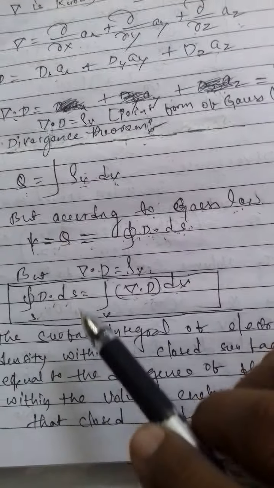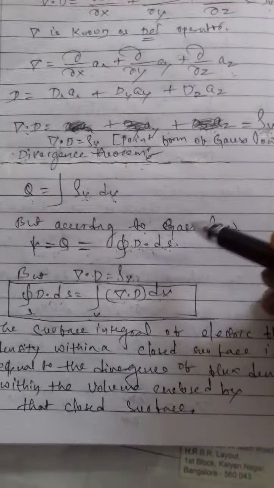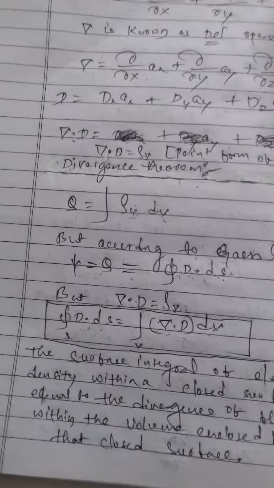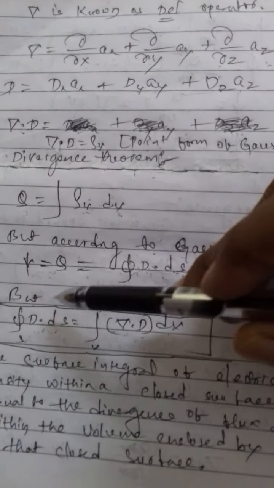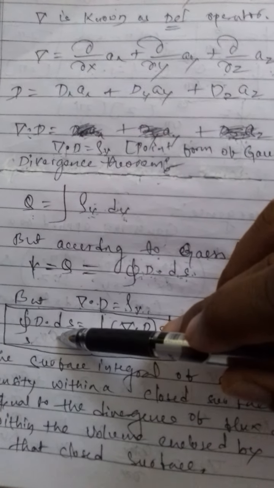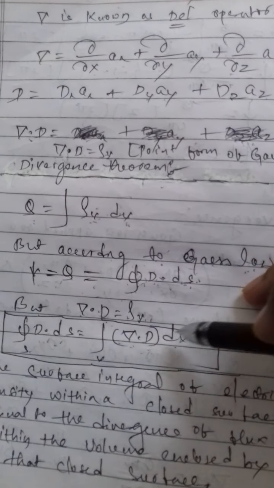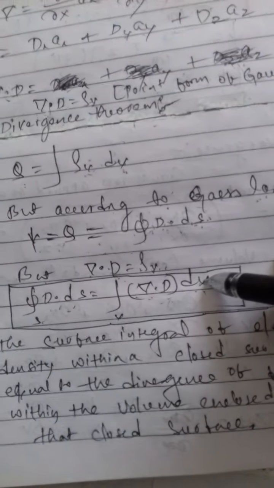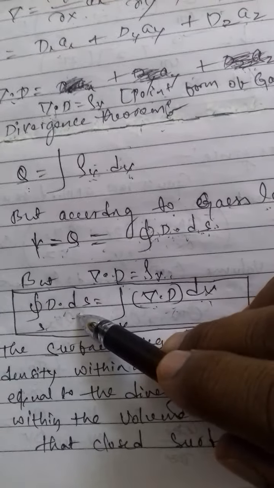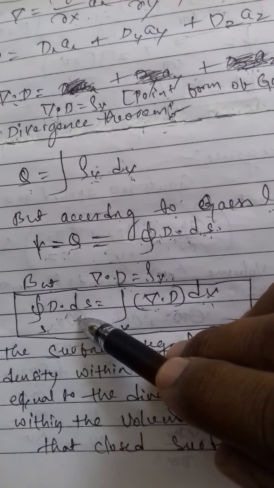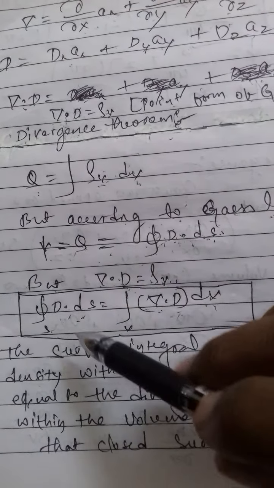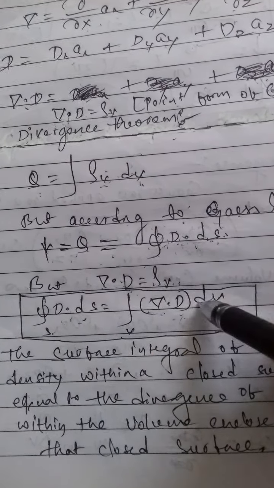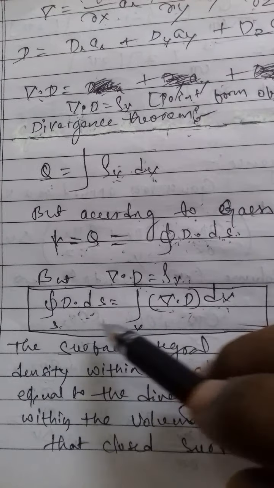So from these two equations we come to a conclusion that surface integrals can be converted to volume integrals, or volume integrals can be converted to surface integrals.